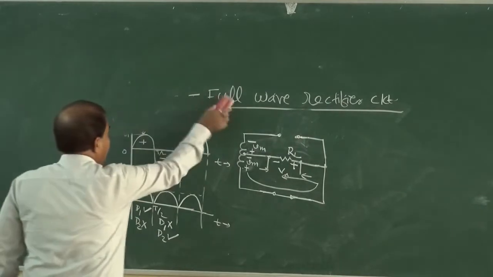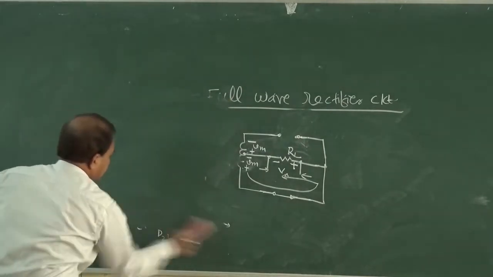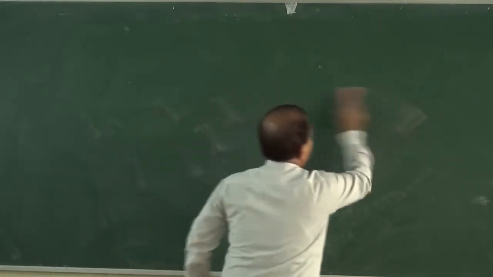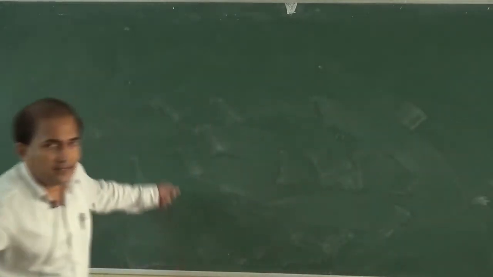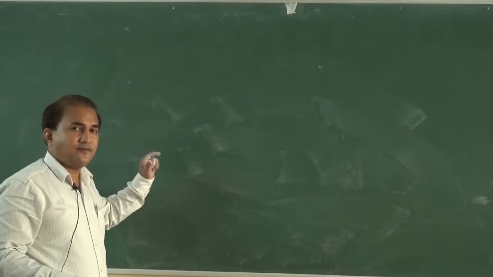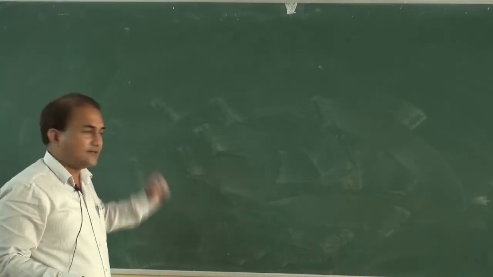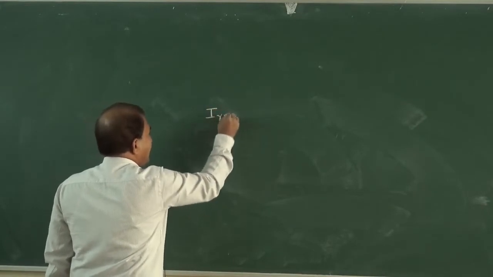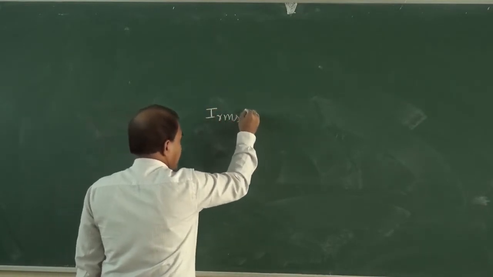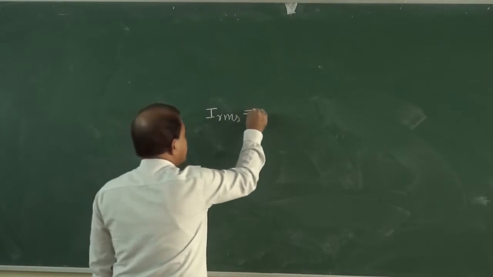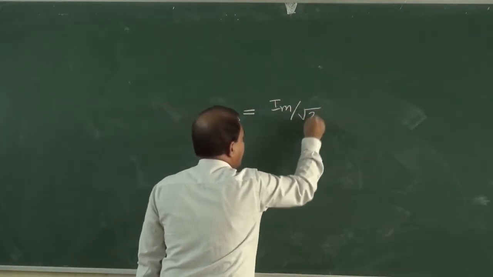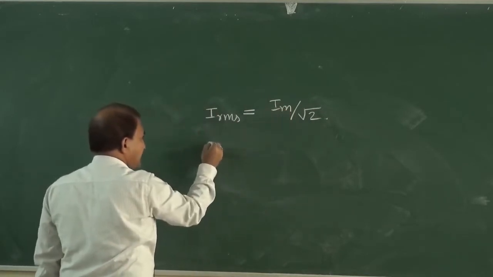For a center tapped full wave rectifier circuit we can calculate the various parameters. Here I RMS is equal to Im by root 2.